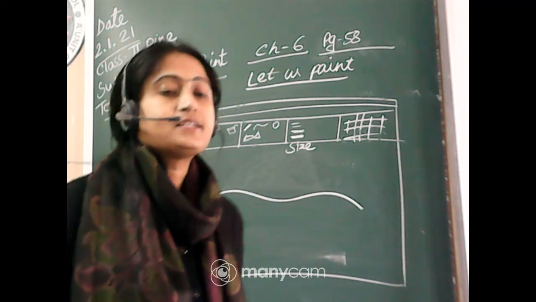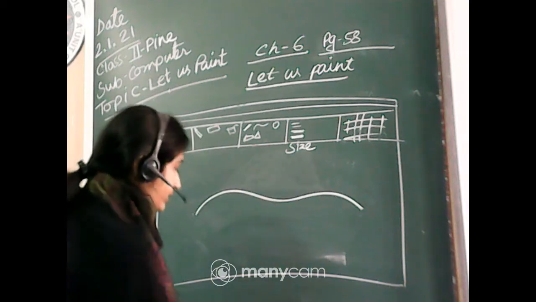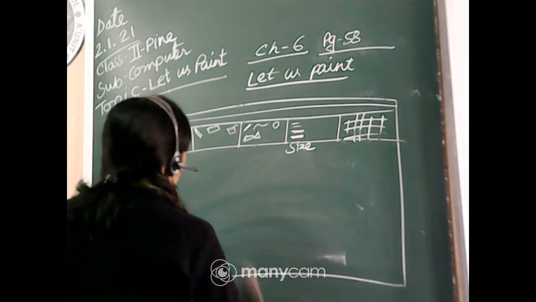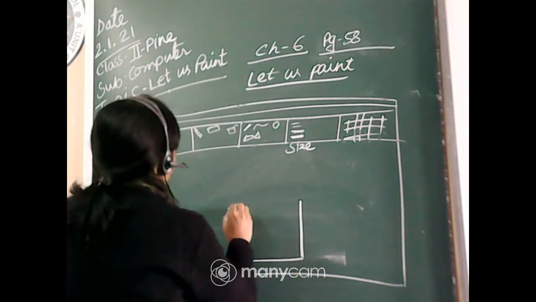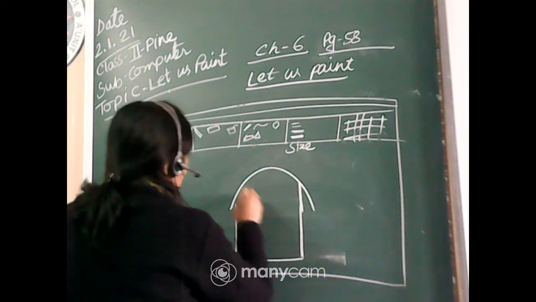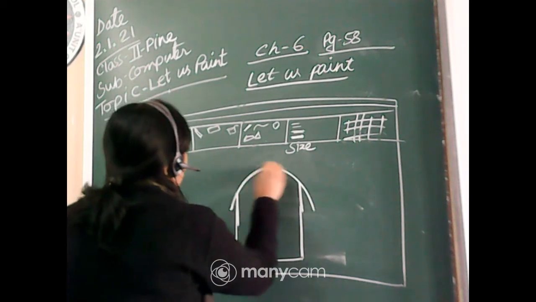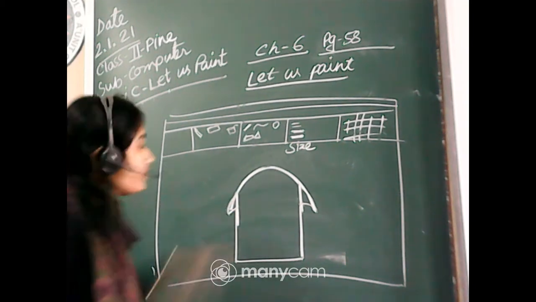Suppose sometimes you have made a house. Look, you made this type of house, but you want to make the roof like this. Suppose you want to make this type of roof, a kacha house. So how to make this one?